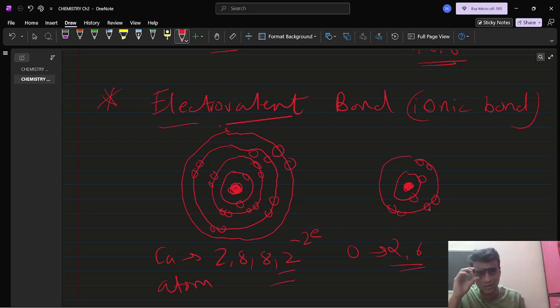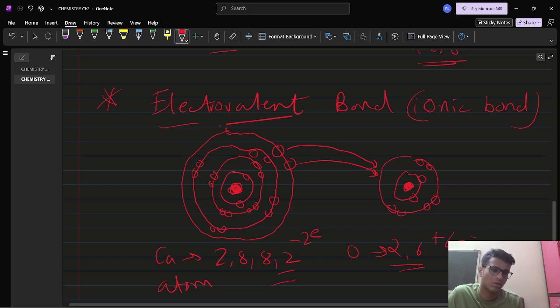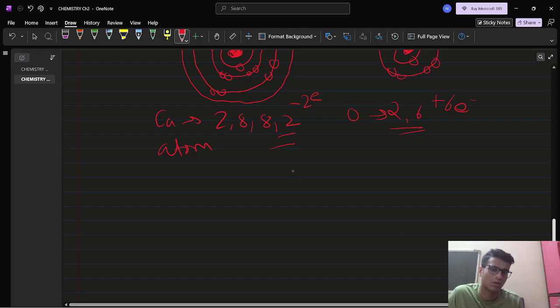Losing 6 is difficult, so it gains 2 electrons. सो ये जो दो है ना यहाँ के, ये दोनों इधर चले जाएंगे, and then it will form Ca something like that.